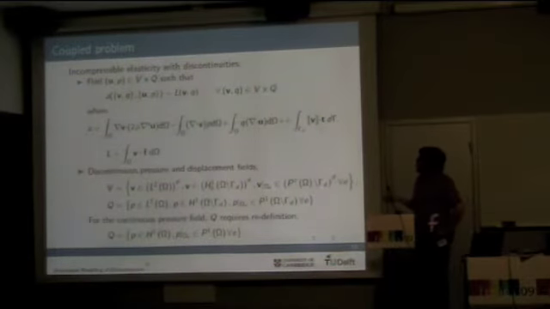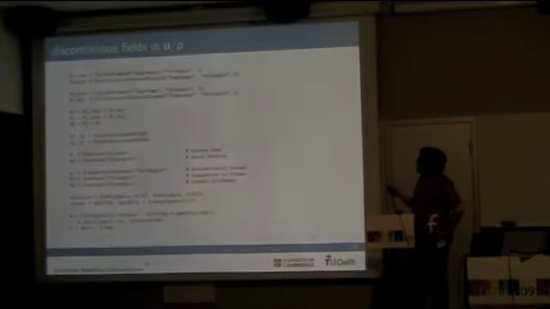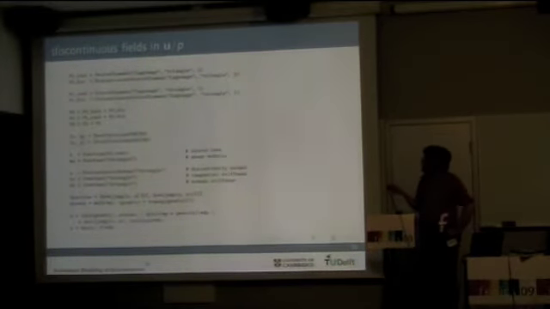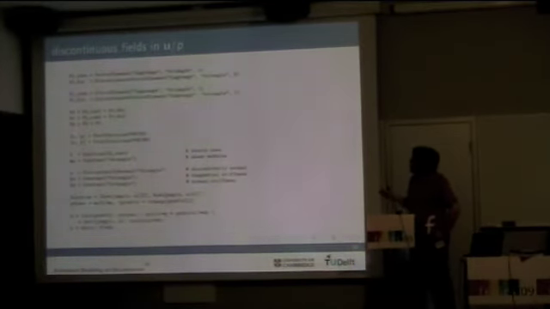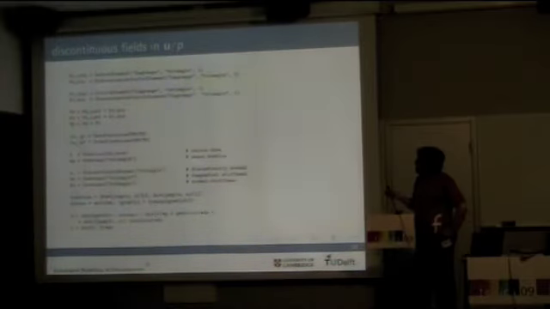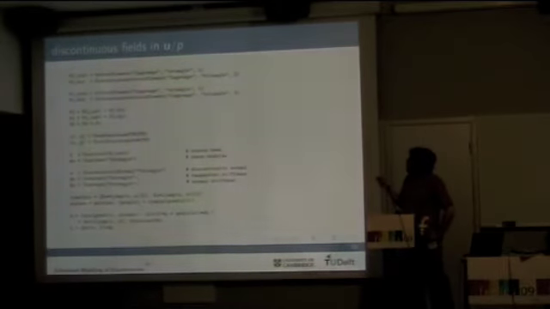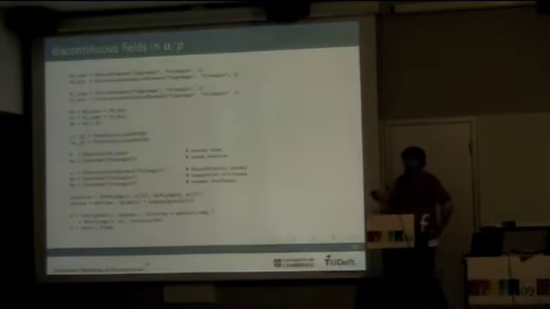Now, for the first case, where we have discontinuous fields in U and P, again, like the previous one, we define our continuous and discontinuous elements. Just add them together. We have a field for displacement, a function space for pressure, and a Taylor-Hood element by adding these together. So this was the first case where U and P are both discontinuous.